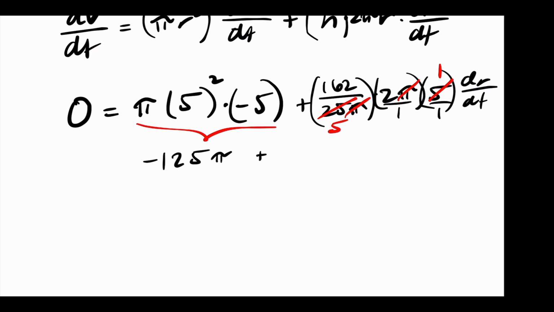So we have 162 times 2, which is 3... 3 what? 324? Yeah, thank you. Over 5 times dr dt. Add 125 pi to both sides.